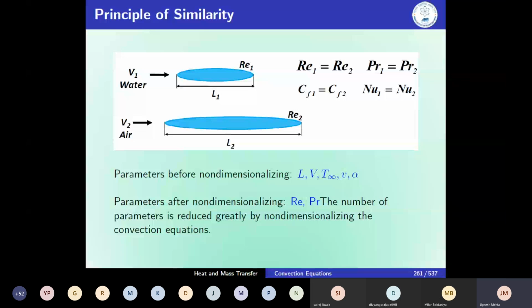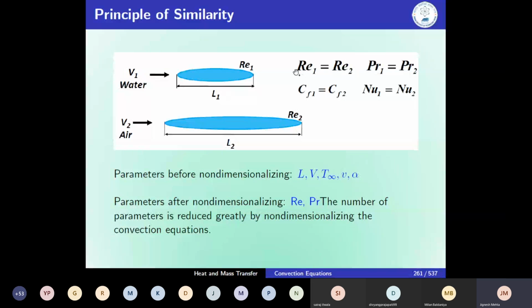You will not be solving these governing equations most of the times, right? So now that's applicable to a certain range of, let's say, Reynolds number and Prandtl number, right? So that criteria will also be given.